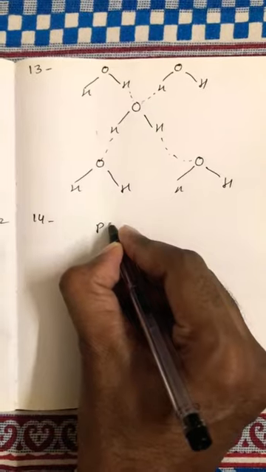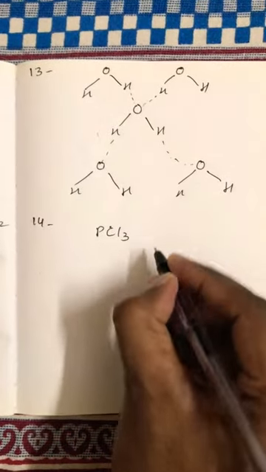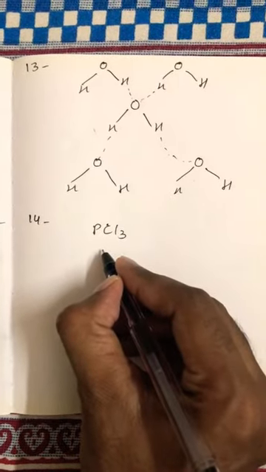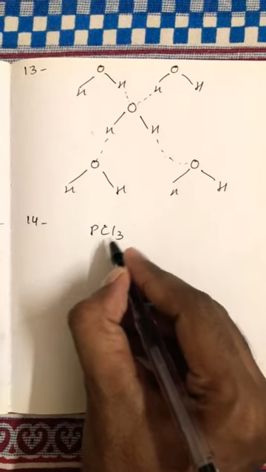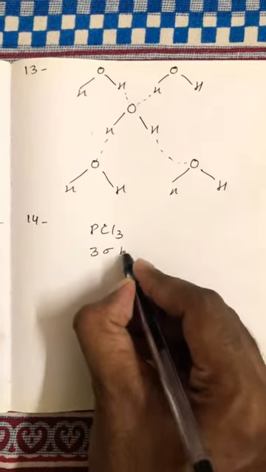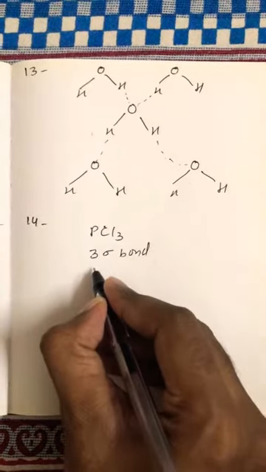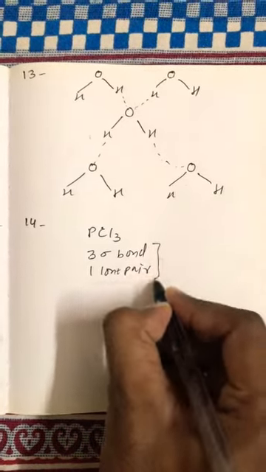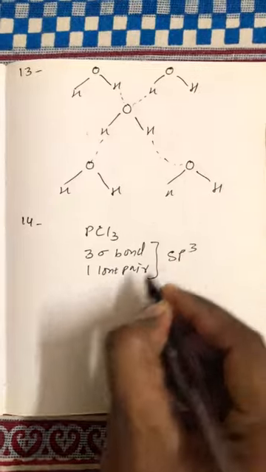Question number 14. So PCl3 has pyramidal shape because in PCl3 phosphorus has 5 valence electron. Out of these, 3 are used to form sigma bond. So 3 sigma bond and 1 lone pair. So number of hybrid orbital is 4, that is sp3 hybridization.